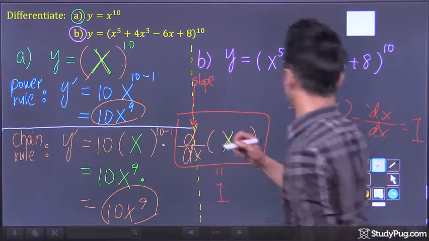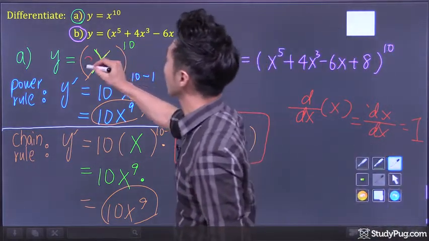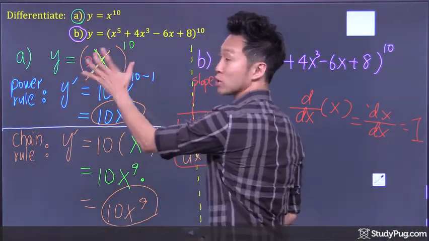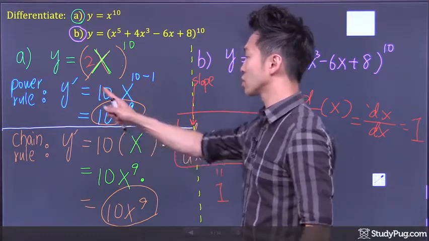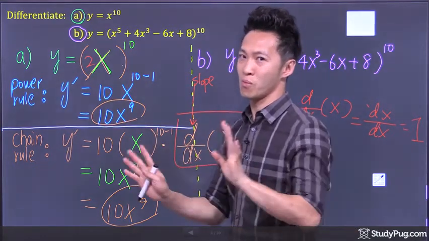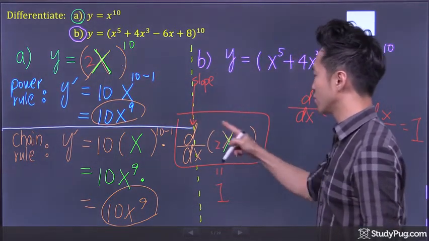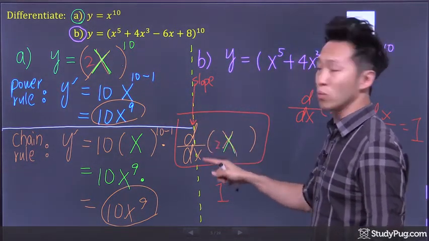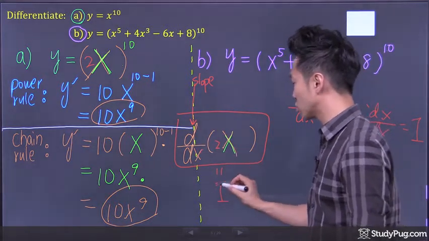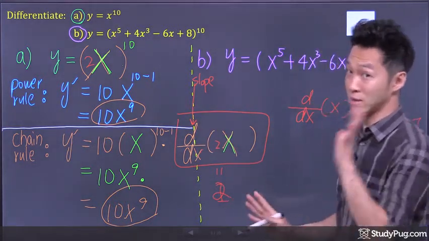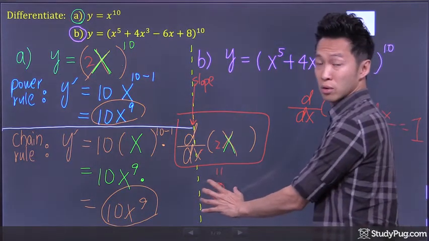Okay, guys. So that means, if inside the bracket we don't have a simple x, say, what happens if we have 2x instead of just a simple x? If we just have 2x, now, can you ignore the chain rule? No. You know why? Because if you put 2x in the bracket here, that will give you a value. Well, guys, what's the derivative of 2x? That would be 2, right? So guys, you cannot ignore 2.